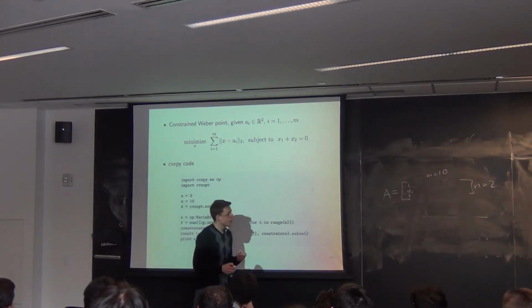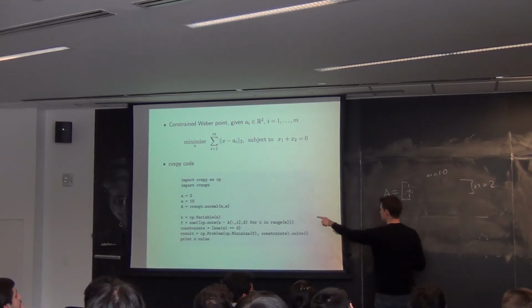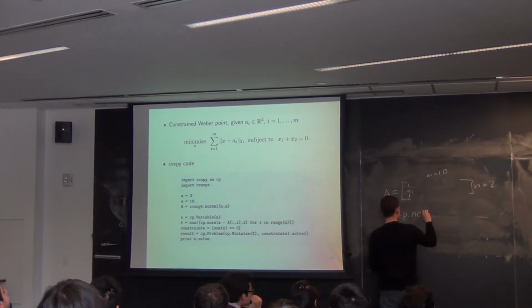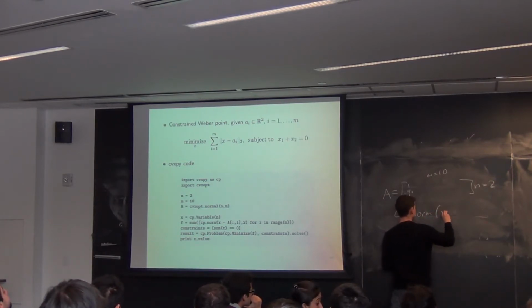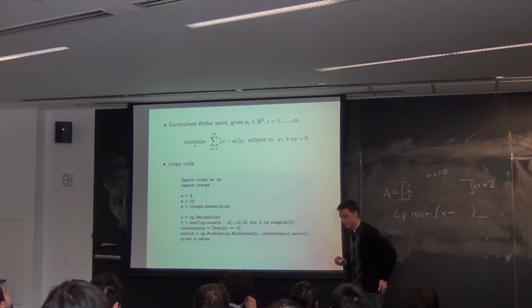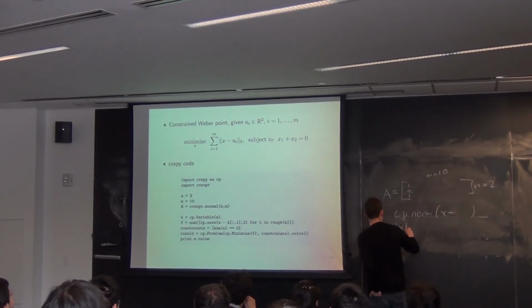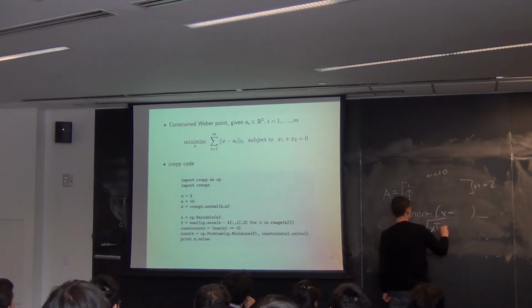So if you try to say, instead of cp.norm of x minus whatever... Now the norm, remember, the 2-norm of x, is just equal to the square root of x transpose x, right?